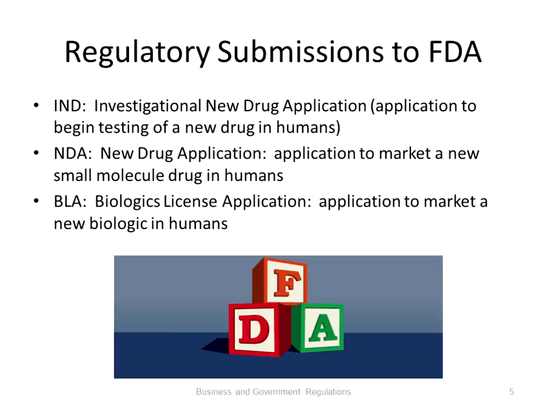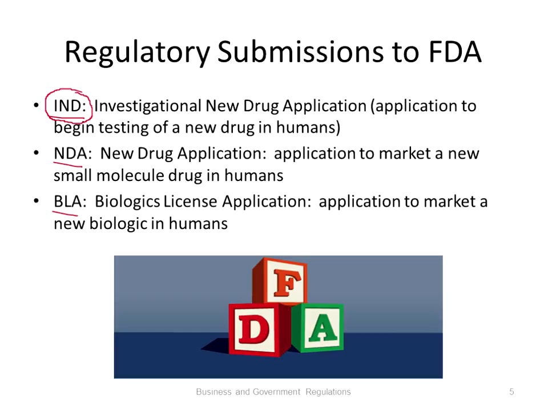If you remember, in our alphabet soup, we have three important ones, three important acronyms: IND, NDA, and BLA. IND is the application to the FDA, investigational new drug application, when we want to begin testing in human clinical trials. So that's the first submission that we send to the FDA.